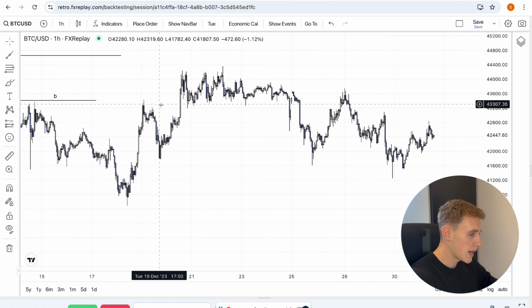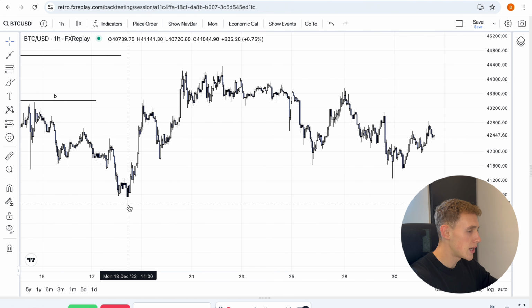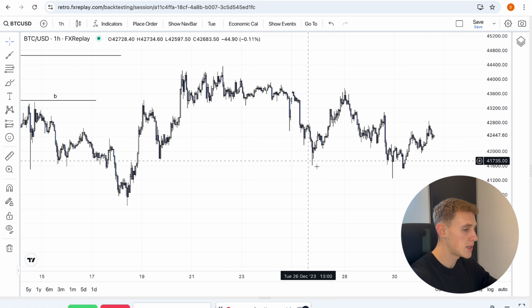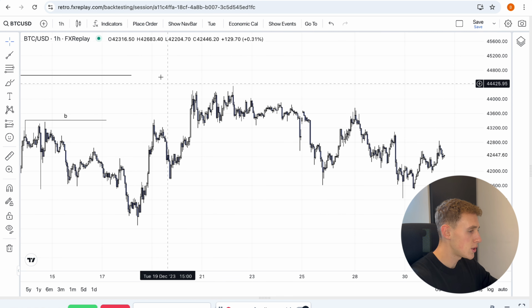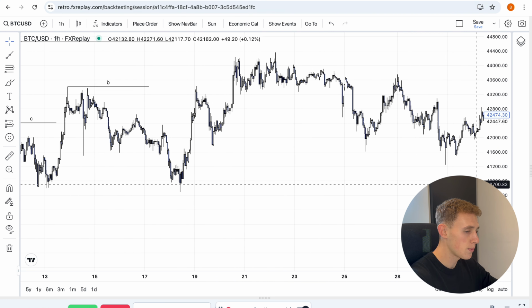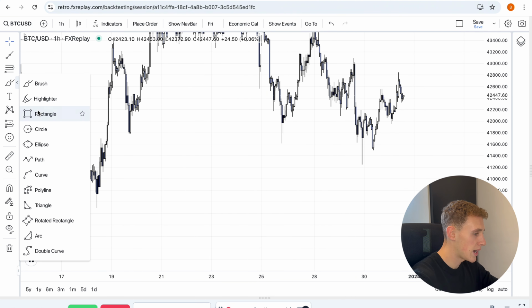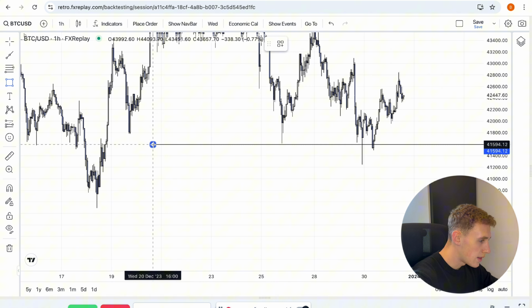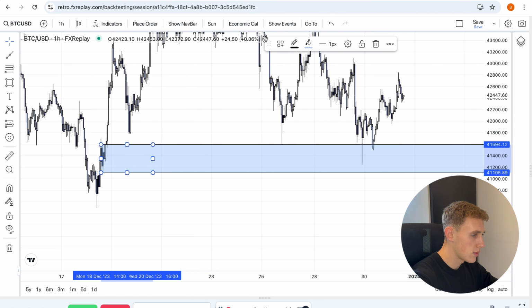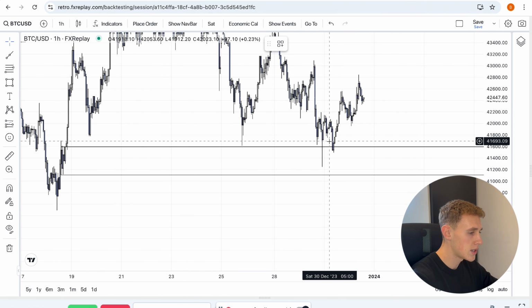Price then pulled back, so we're looking somewhere between this low and this high for a potential buying opportunity up into that liquidity level. What we can see currently as well is that price has reacted from this sort of demand right here. We've had a wick into that level.